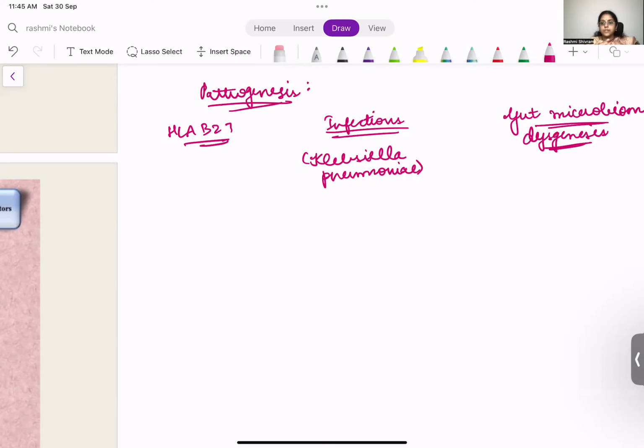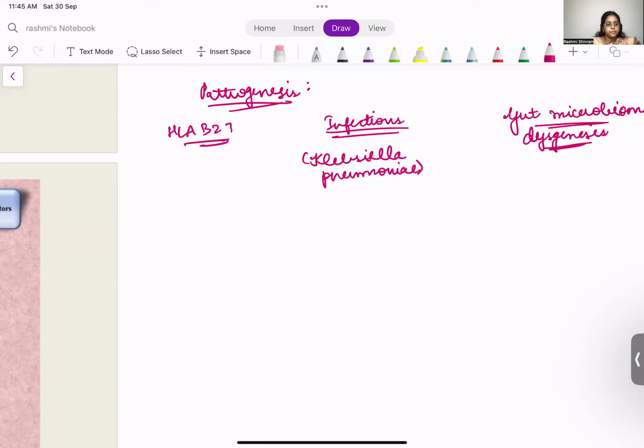So there is some disturbance in the gut microbiome, which is actually predisposing the patient to develop this HLA-B27 positive spondyloarthropathy, which is ankylosing spondylitis. So the most important ones will be HLA-B27 positivity, the genetic predisposition, infections, and gut microbiome. This dysregulation in the gut microbiome will predispose the patient to develop ankylosing spondylitis.